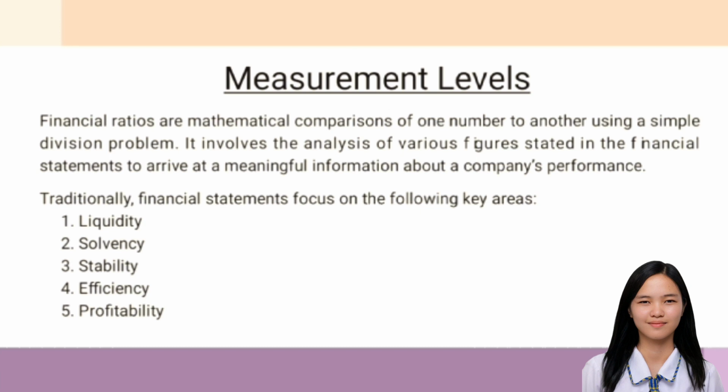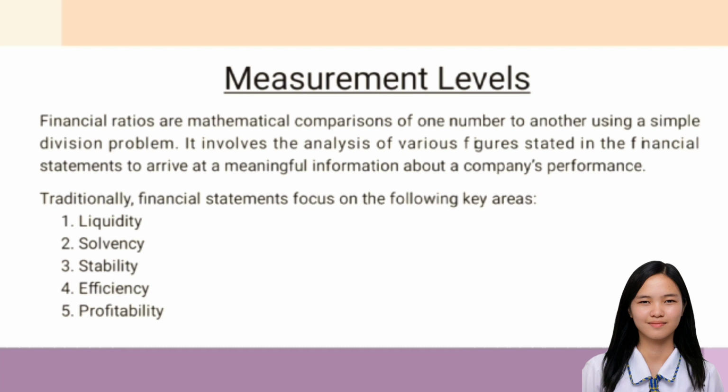It involves the analysis of various figures stated in the financial statements para magkaroon ng financial informations about the company's performance. So, nasabi ko kanina, there are 5 measurement levels: the liquidity, solvency, stability, efficiency, and profitability.